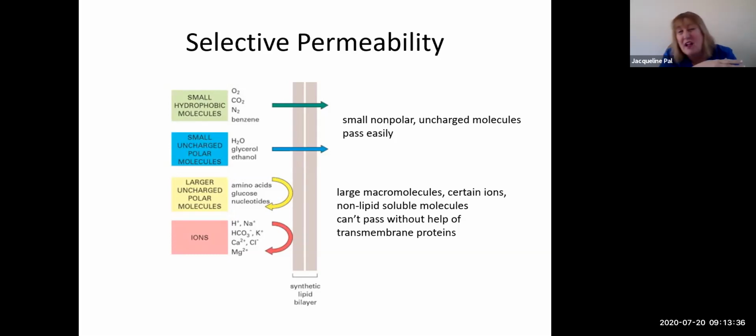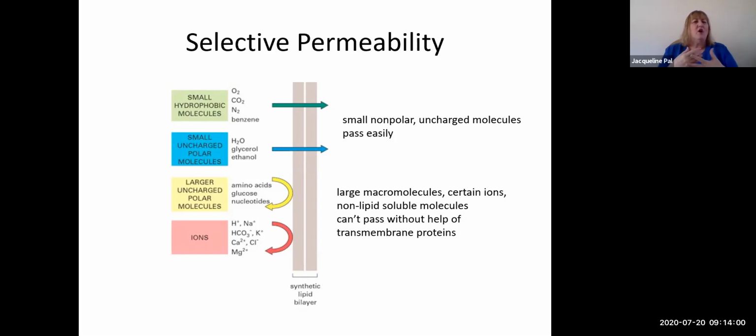Very small hydrophobic molecules can cross easily, like oxygen, which is great, also nitrogen molecules and carbon dioxide. In addition, some uncharged polar molecules like water and ethanol, that's your booze that you're drinking, pass easily as well.